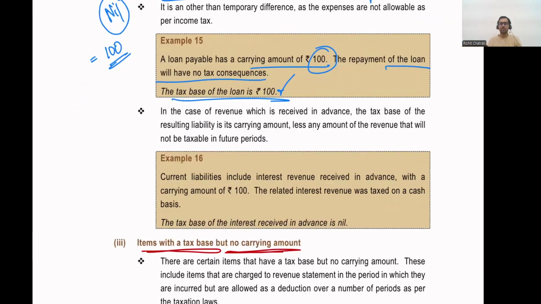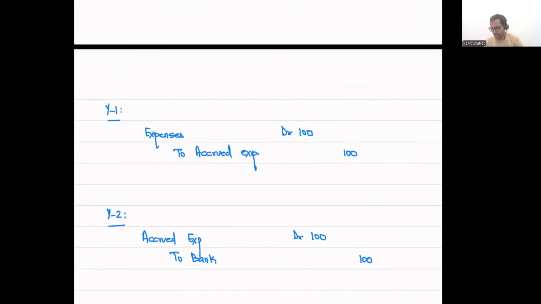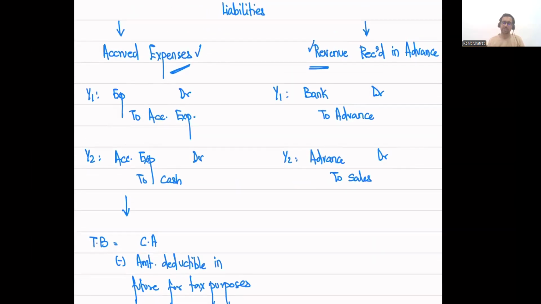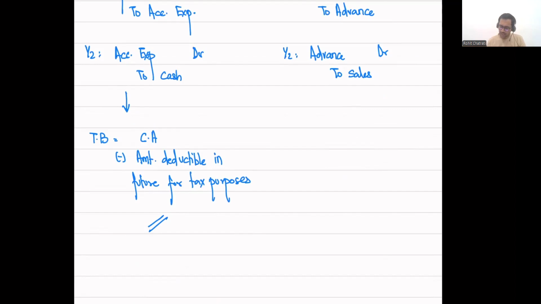Now let's come back to revenue received in advance. We carved out two branches. Liabilities could be either accrued expenses or revenue received in advance. The tax base for revenue received in advance is going to be carrying amount less the amount that will not be taxed in future.